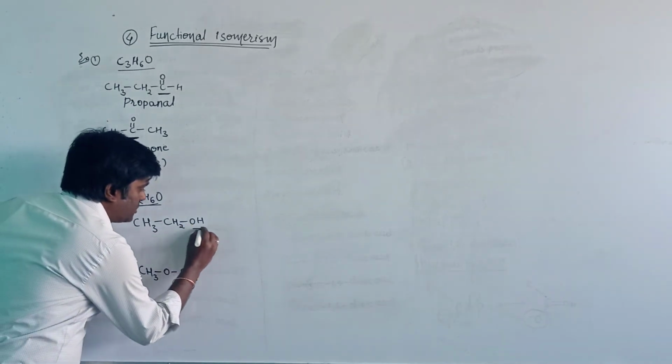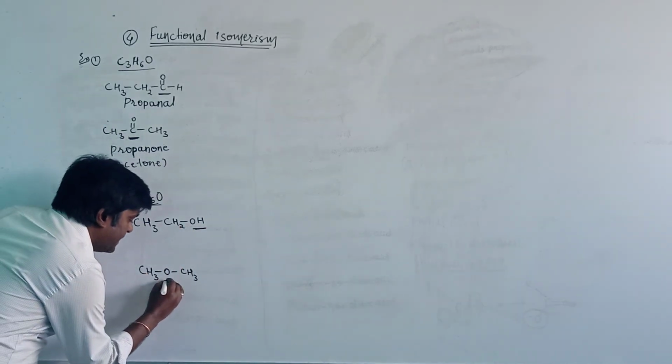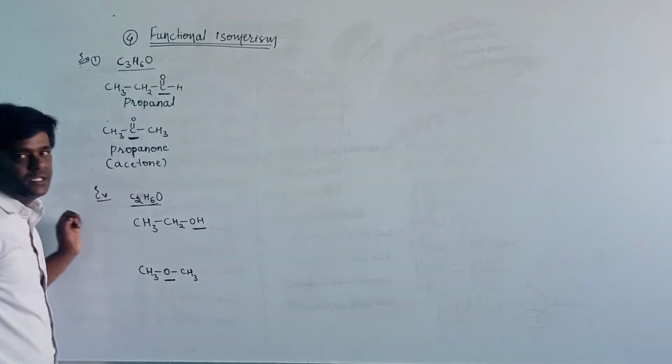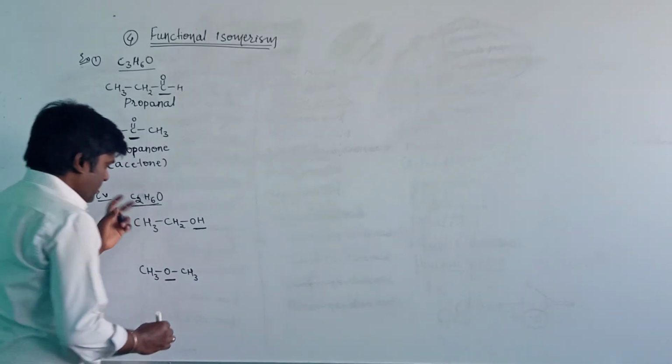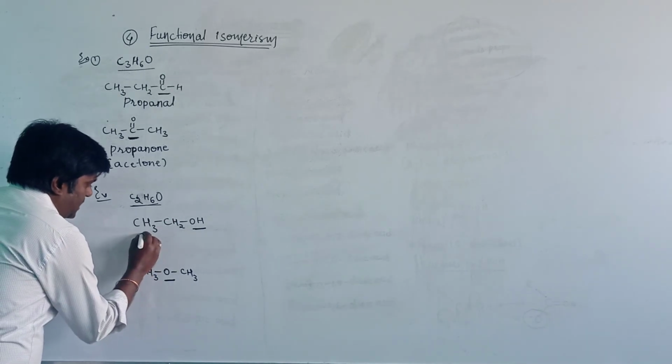The alcoholic functional group is present in the first compound, and an ether functional group is present in the second compound. The name for the first compound is ethanol.